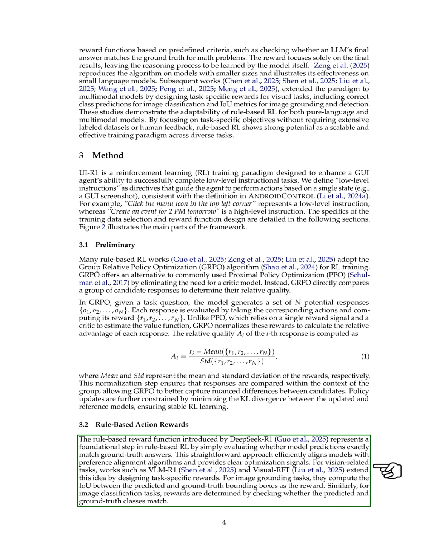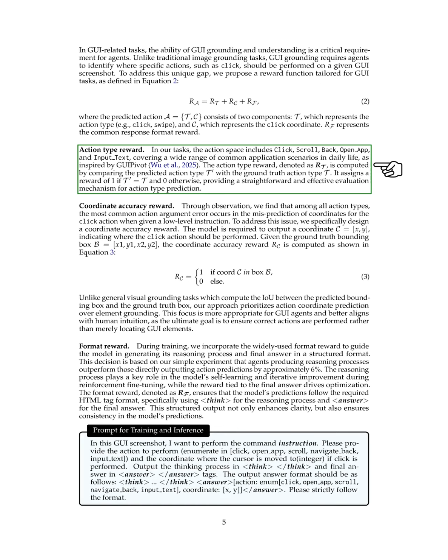To fill this gap, we propose a reward function specifically for GUI tasks, which includes two components, the action type and the click coordinates. Our action space includes various actions like click, scroll, back, open_app, and input_text, reflecting common scenarios in daily applications. The action type reward is calculated by comparing the predicted action type with the actual one, giving a reward of 1 for a correct prediction and 0 otherwise.